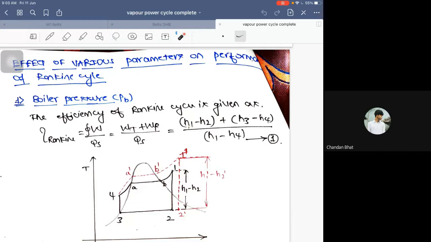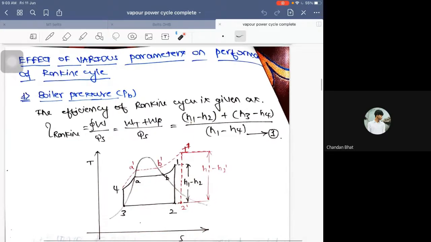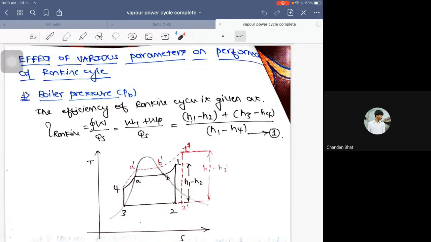Okay, it's very important. So you understood the Rankine cycle in the previous class. So how exactly is the Rankine cycle? Any doubts in the Rankine cycle yesterday?